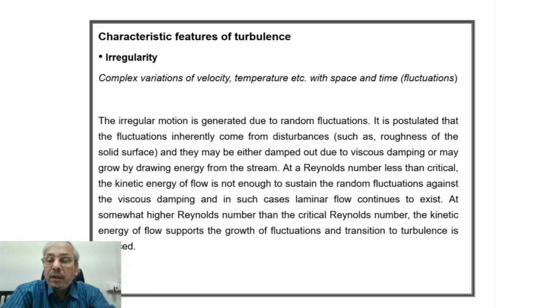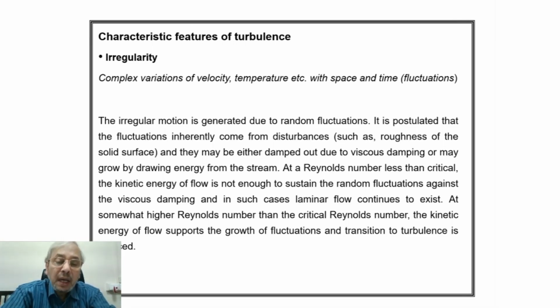At a Reynolds number less than critical, the kinetic energy of flow is not enough to sustain the random fluctuations against the viscous damping, and in such cases laminar flow continues to exist.